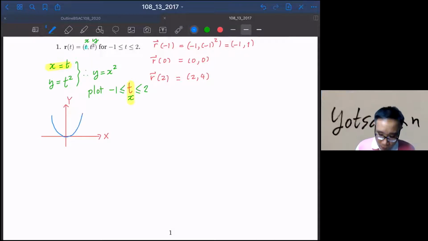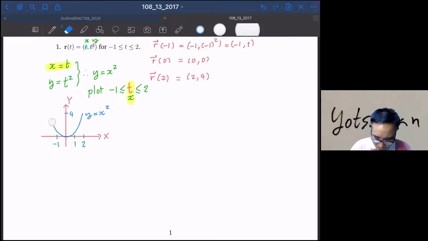You have this parabola y equal to x squared, but it's not going to be the whole parabola, because we want only the part that takes values from -1 to 2. So it's going to be (-1, 1) and (2, 4) like this. You would just erase the rest of the graph.